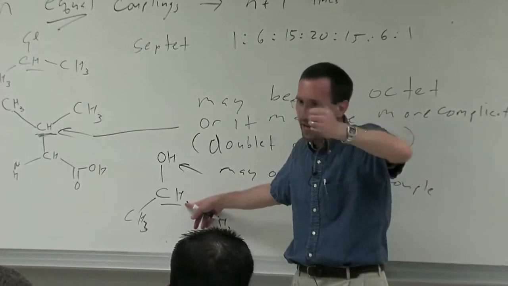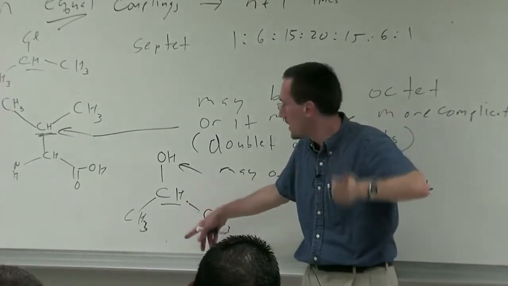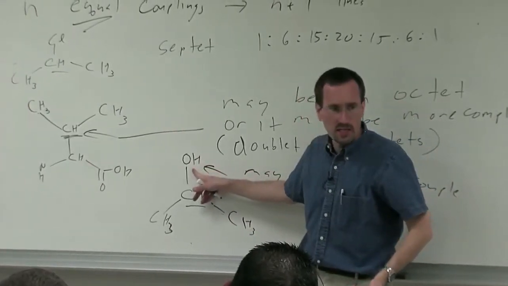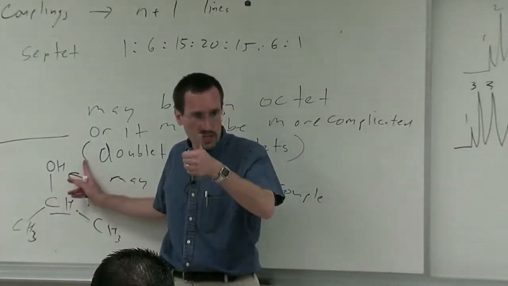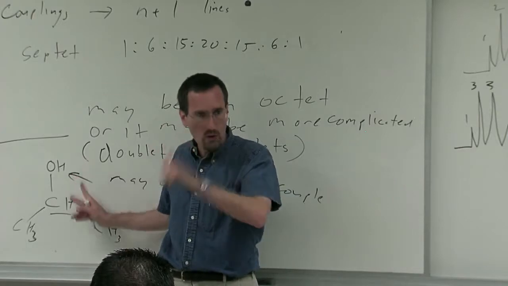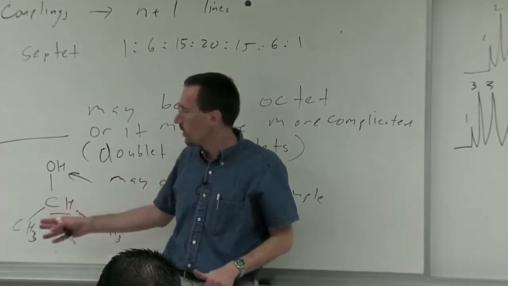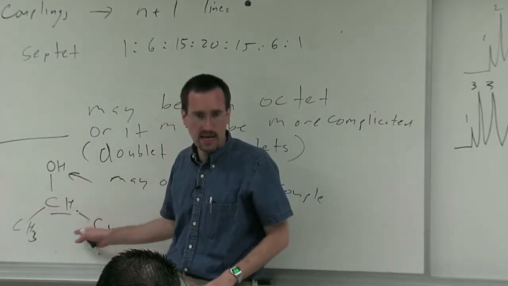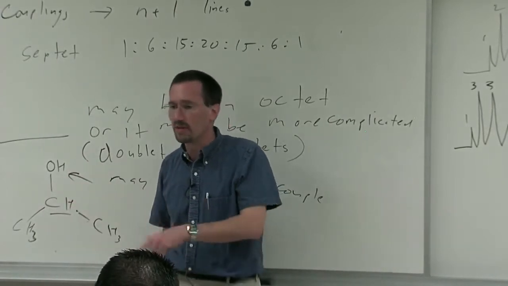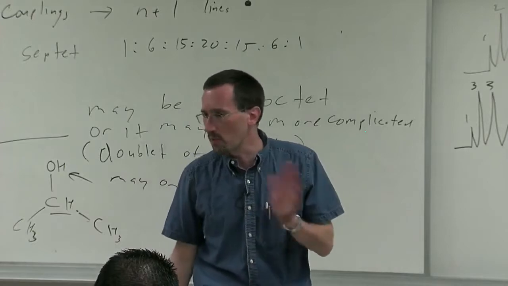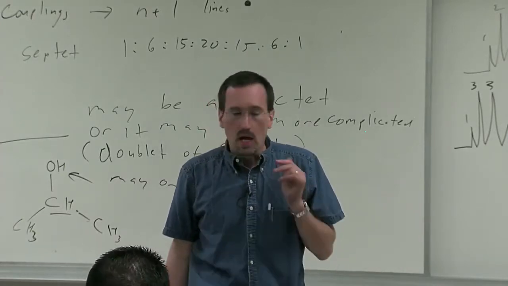It will see an average, and you won't get coupling. If this hydrogen doesn't exchange, then it will see it as either spin up or spin down, and you will have splitting either as an octet, or as a doublet of septets, or septet of doublets, depending on the relative J's, but we'll get into that later.